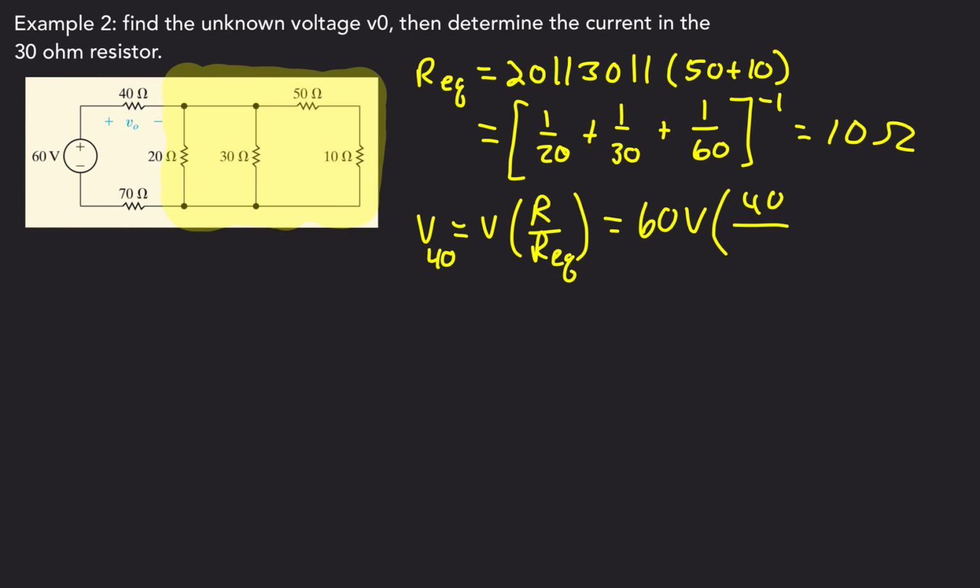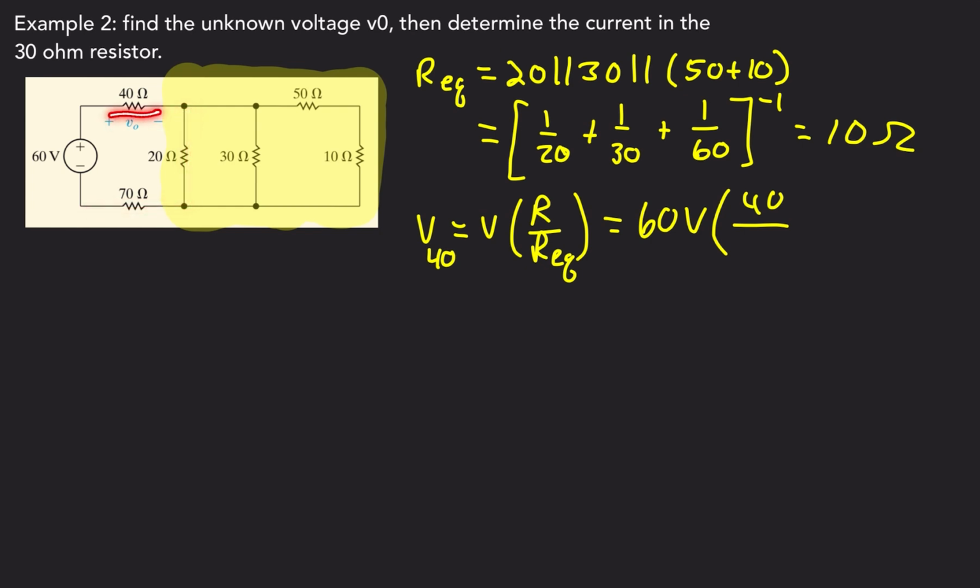But this R equivalent isn't the same R equivalent that we used. Remember, for the voltage divider equation, we have to use a series of elements. What we found here, this first R equivalent, was the equivalent resistance of this circuit. But in our voltage divider equation, this equivalent resistance is the series equivalent.